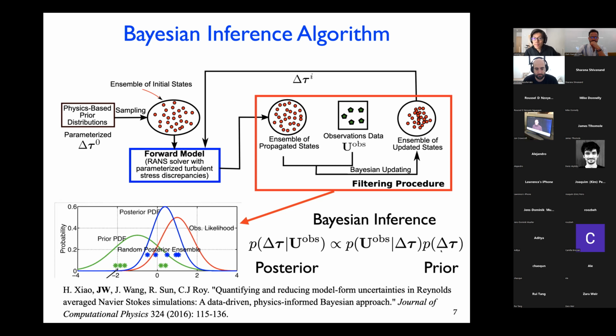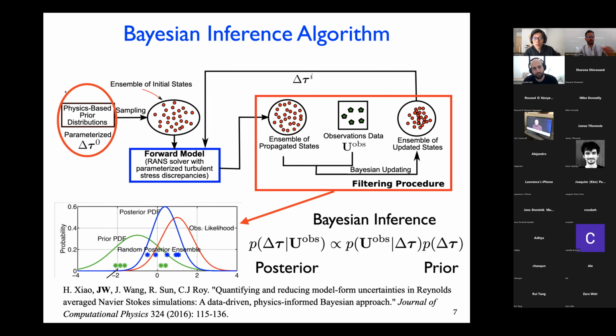So until now, although I already introduced the Bayesian inference algorithm, the whole pipeline, there is still something unclear. More specifically, you might be curious about how we get the physics-based prior distribution.